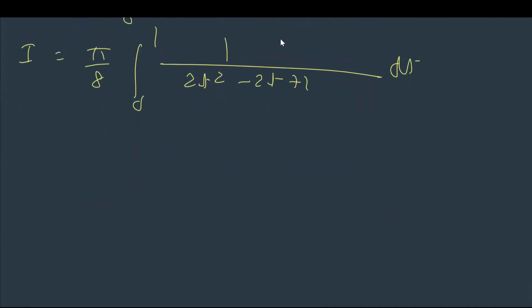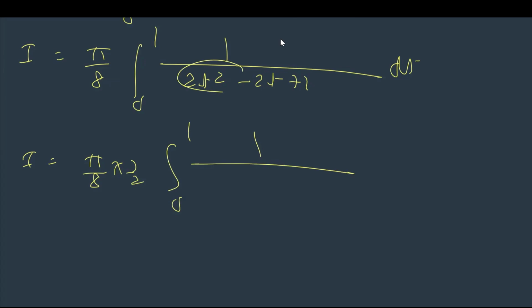What next? We will be dividing it by 2 before completing the square. So it should become what? First I'm multiplying by half, so dividing by 2. On dividing by 2, what are we getting? This is t square minus t plus half.